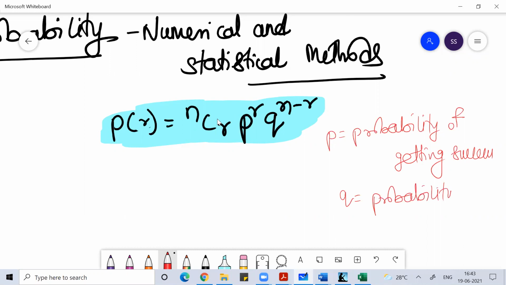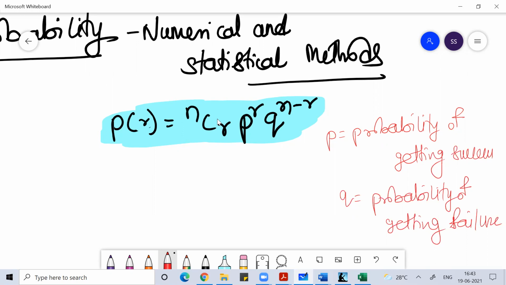In case of a coin, the success probability and the failure probability are both equal to 1 by 2. If I'm solving an objective type exam where out of four options only one option is correct, the probability of success would be 1 by 4 and the probability of failure would be 3 by 4. So I hope you are getting it.